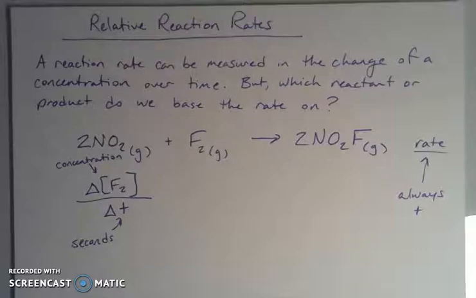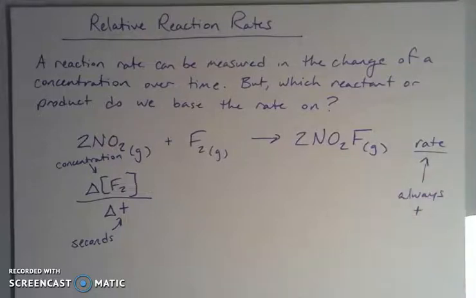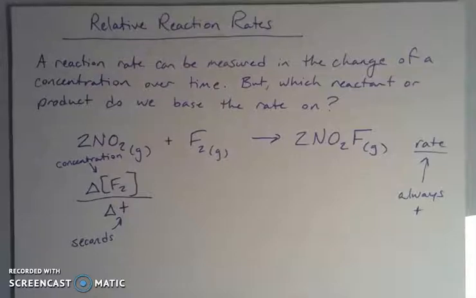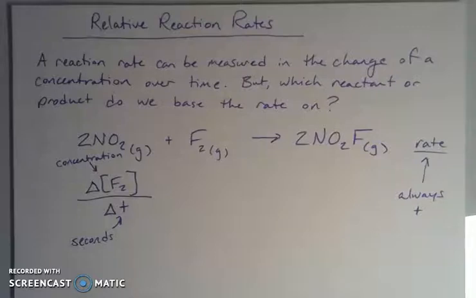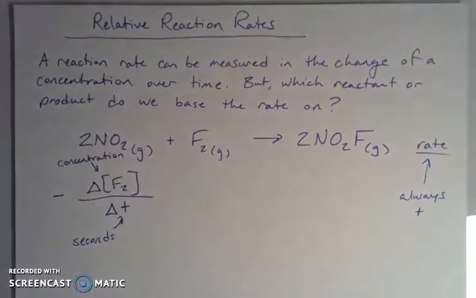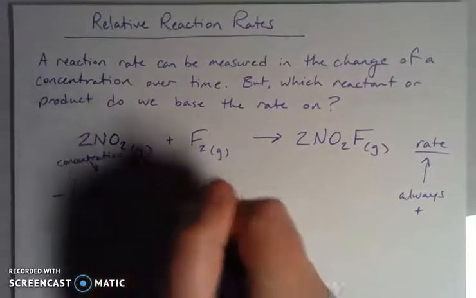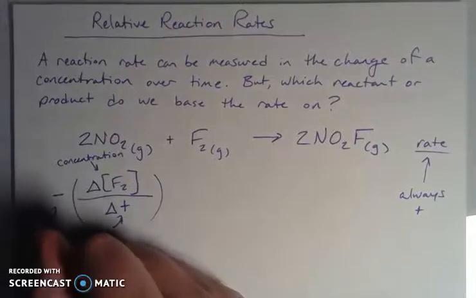That just doesn't happen. So the rate itself has to always be positive, but relative to that rate, by convention, we say that the reactants here are going down. We're losing them, and so we're going to call this a negative relative rate.